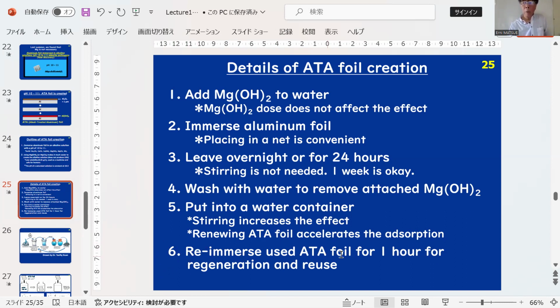Used aluminum foil is immersed again in the magnesium suspension for 1 hour, so it can be regenerated and reused.